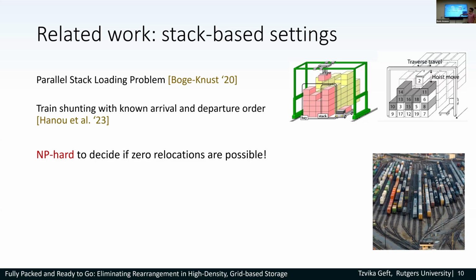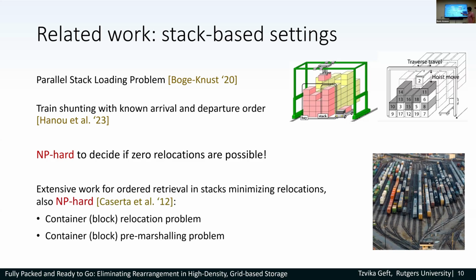So items are in stacks, and that changes the constraints quite significantly, and actually results in an NP-hard problem, even to determine if 0 relocations are possible. A similar question was asked for train yards. You can think of this as maybe like a tree, but it still has this last in, first out structure.